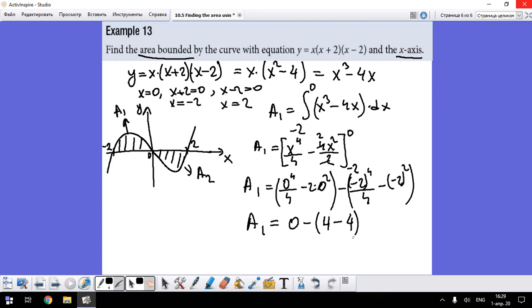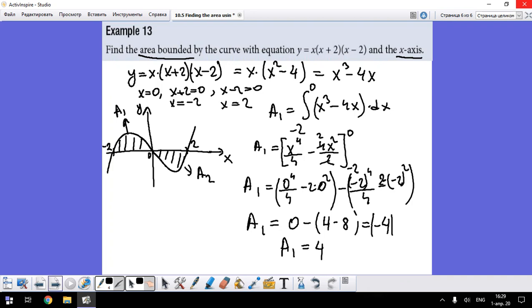Now one more thing I forgot here, you should multiply by 2. So 2 multiplied by 4, let me write here, 8. So as a result, you know guys, area must always be positive, so area 1 should be 4.